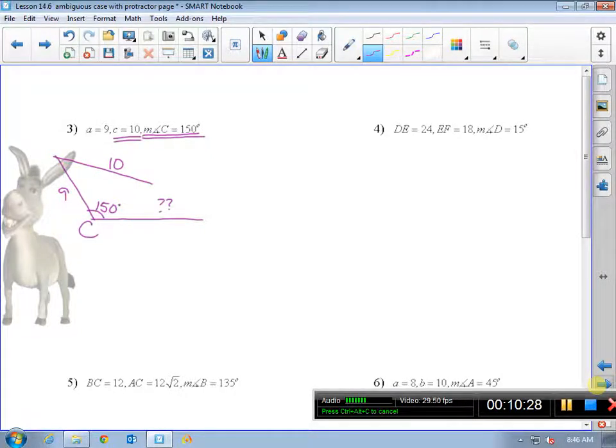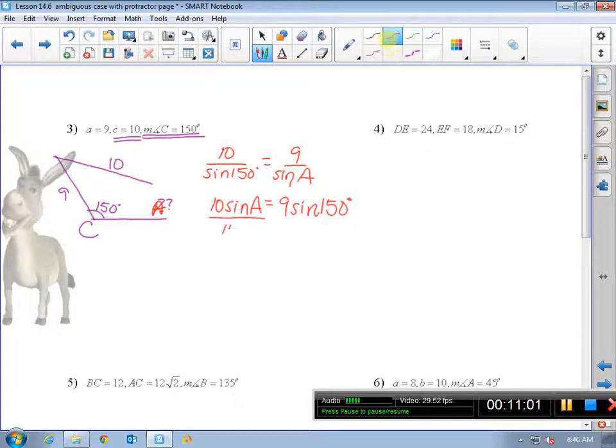Set up your law of sines. 10 is to the sine of 150, as 9 is to the sine of, this time it's actually angle A. You could even put an X there, whatever you want. Cross multiply, 10 times the sine of the angle equals 9 times the sine of 150.